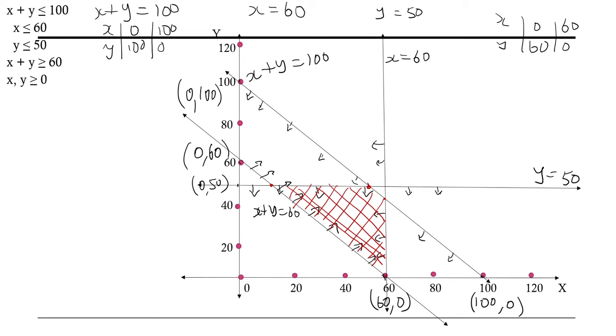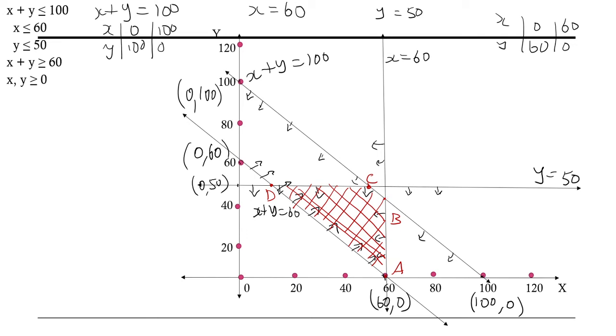So we have drawn the lines and we have found the feasible region. Next we have to find the corner points. So this corner point is already known. It is 60, 0. It is easy to find. Let me mark these corner points. Let this be A, this is B, C and D. The next corner point is B. The x coordinate of B is already known.